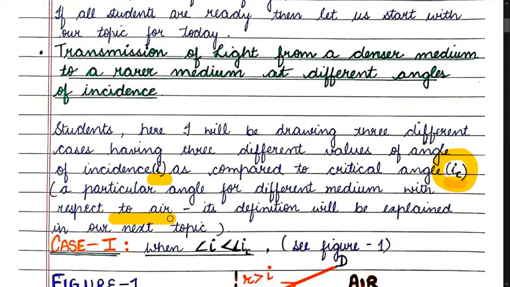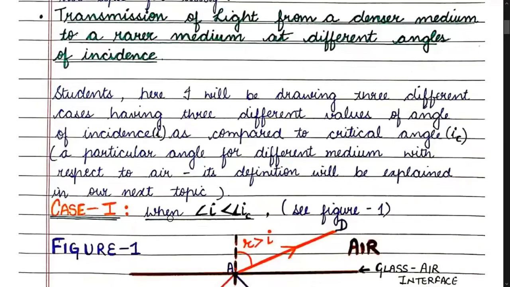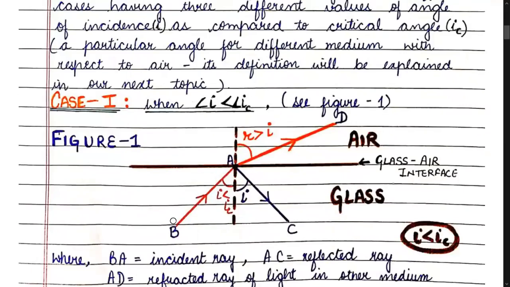And its definition we will be doing in our next topic. So first of all, case 1 is when our angle of incidence is less than critical angle of the medium.